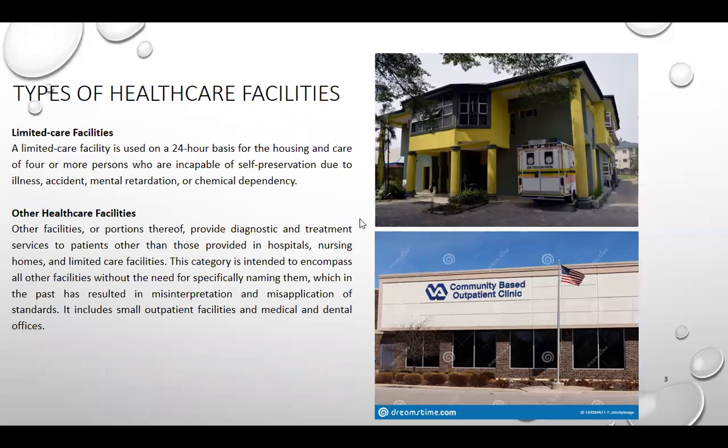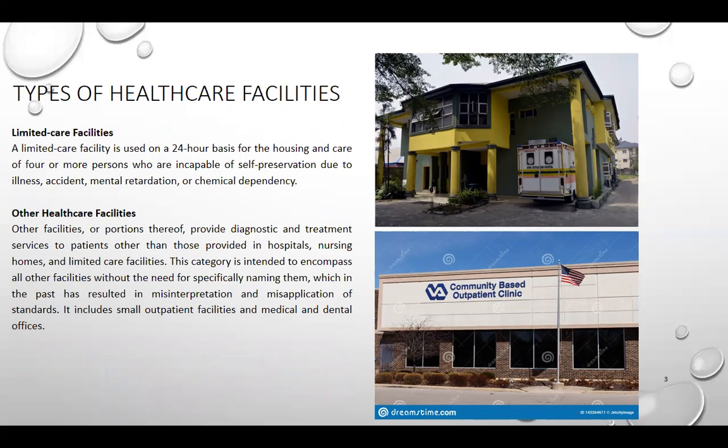Next, limited care facilities. A limited care facility is used on 24-hour basis for the housing and care of 4 or more persons who are incapable of self-preservation due to illness, accident, mental retardation, or chemical dependency.